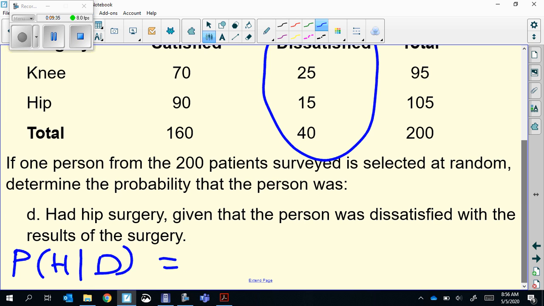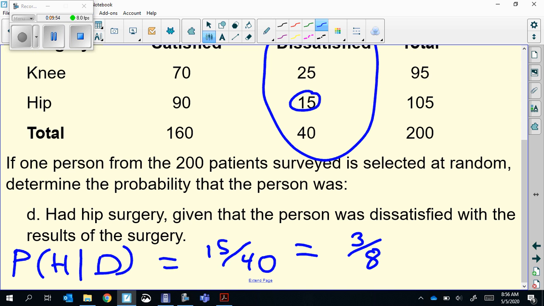So that's 15 out of 40, which can reduce to 3/8. Or you look at the intersection of hip and dissatisfied over just total dissatisfied, which is the same thing. You get the same numbers, obviously.